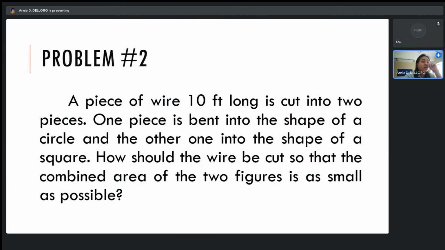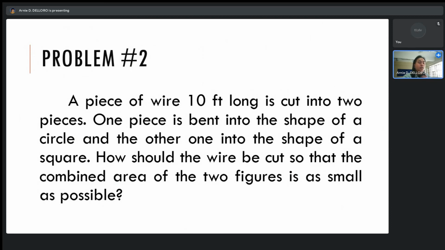Okay? So sabi dito, a piece of wire 10 feet long is cut into 2 pieces. One piece is bent into the shape of a circle and the other one into the shape of a square. How should the wire be cut so that the combined area of the two figures is as small as possible?